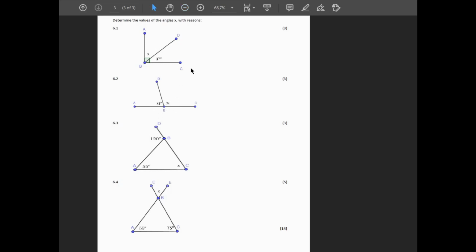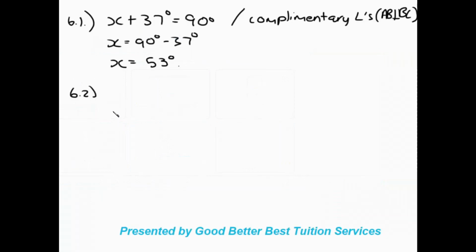So how we're going to write that is like this. We'll say 3x plus 81 degrees is equal to 180 degrees, sorry. So that's our statement. These angles on the straight line must equal 180 degrees.